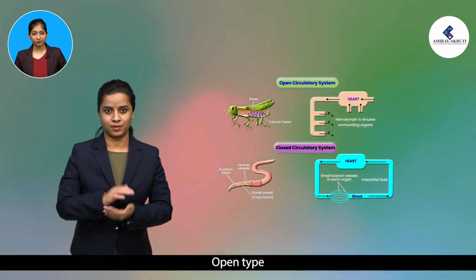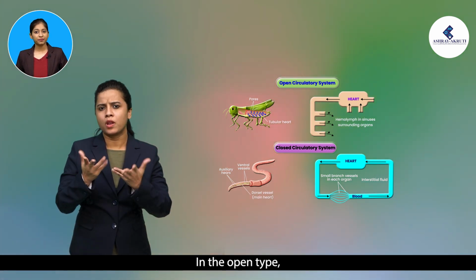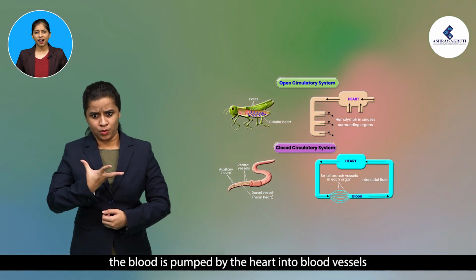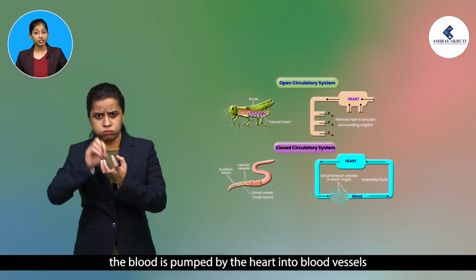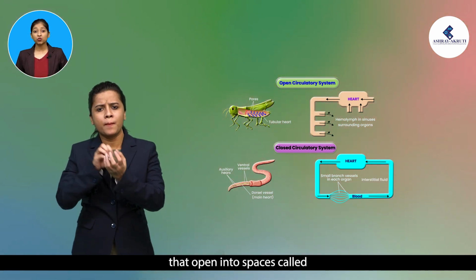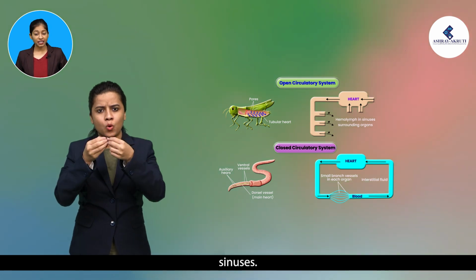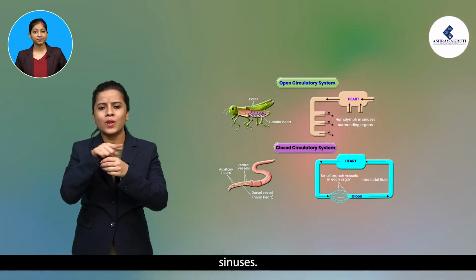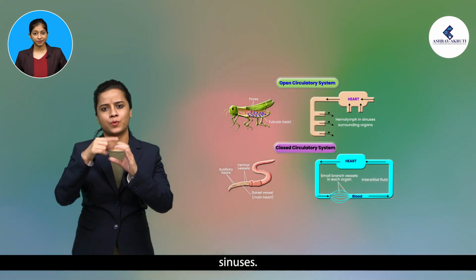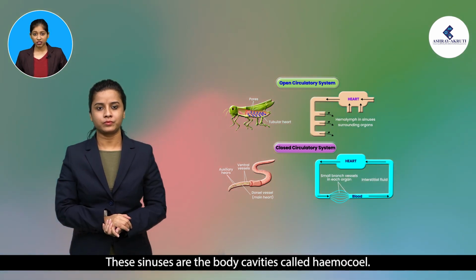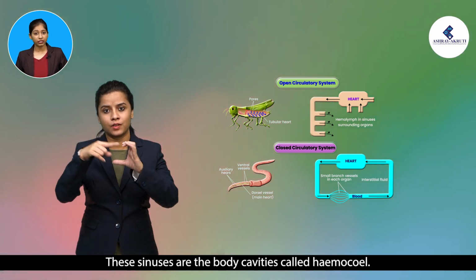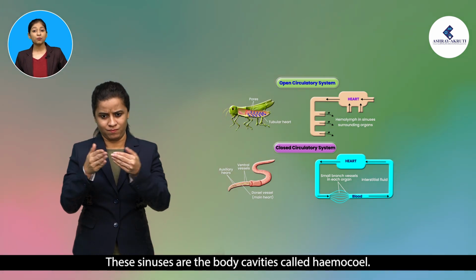Open type. In the open type, the blood is pumped by the heart into blood vessels that open into spaces called sinuses. These sinuses are the body cavities called hemocoel.